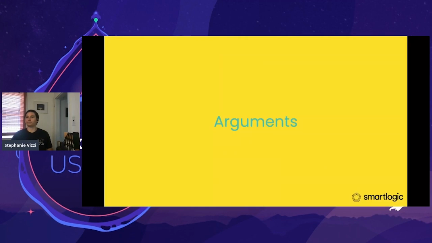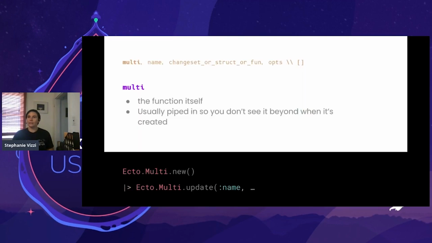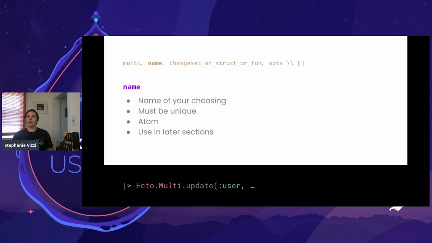So, looking at the arguments. The basic arguments that go into all of these database functions are your multi, that's the Ecto Multi new that kicks things off in the beginning. It's piped down through every section. Your name as well will be a part of all of them.